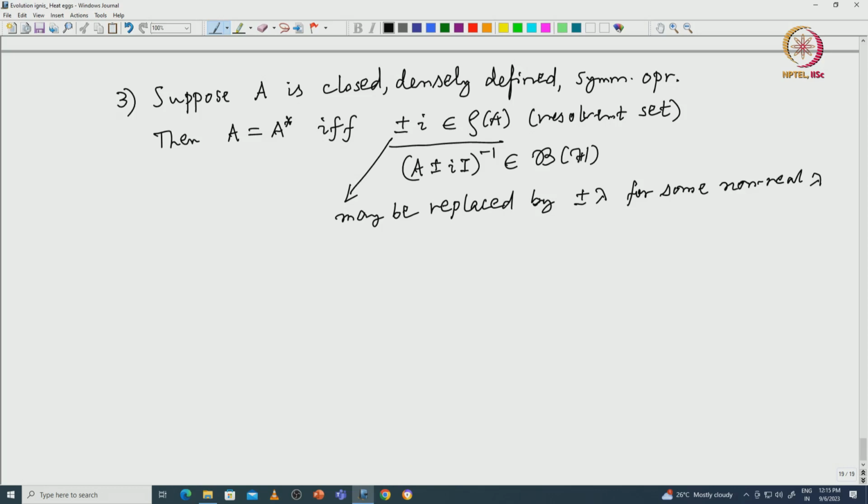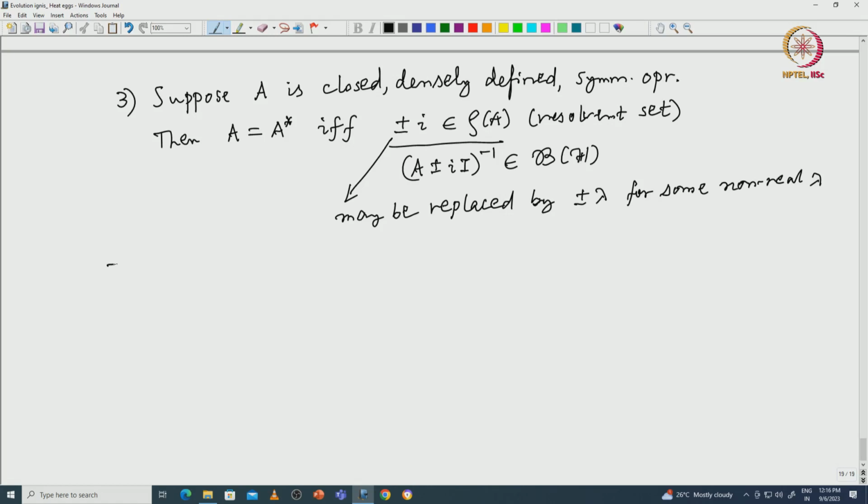Okay, these are important results. So, if you have studied already, it is fine, otherwise it is time to recall everything. So, we are going to use all these things in application to PDEs, especially in the case of the Schrodinger operator and wave equation. Okay, we will see that.